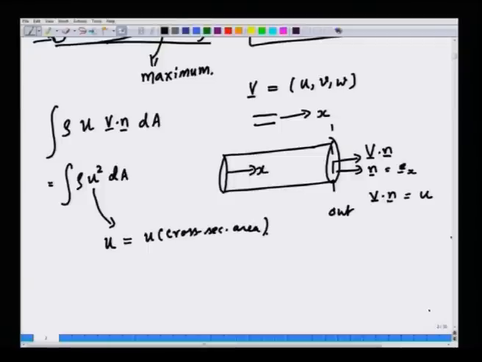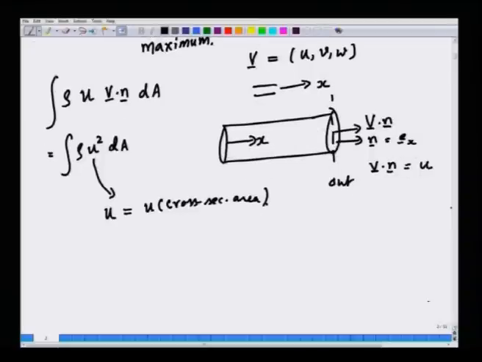Now, in principle, first of all you need to know how u is a function of position. Let us say you have flow in a pipe.